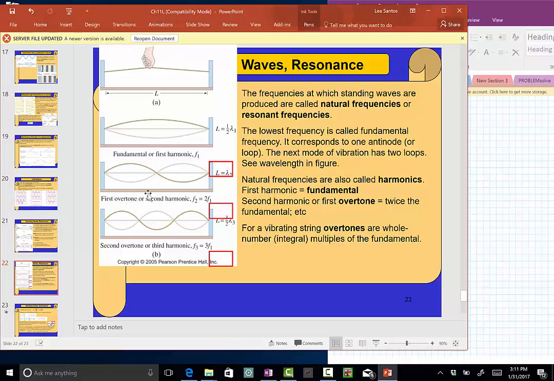And if I increase the frequency and now I have not just one node in the middle but two, then this becomes known as the second overtone. Okay, so it's a matter of preference. Either you go first, second, third, fourth, fifth harmonic, and so on, or you go fundamental, first overtone, second overtone, third overtone, and so on. It's just a name. But now let's go for the equations.